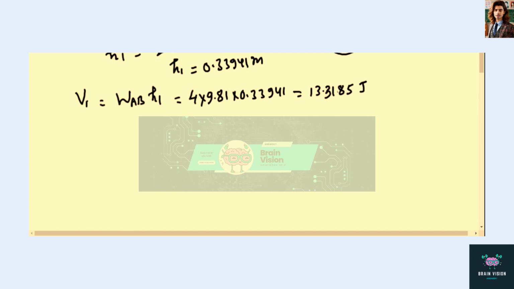Velocity of B point will be R into omega 1, where AB is in translatory motion.